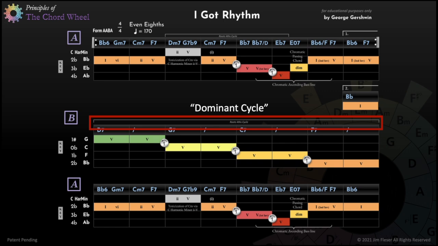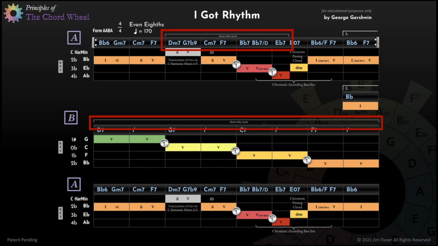But I want to bring up something that's very important. A roots fourth cycle doesn't always have to be a dominant cycle. For example, within this progression, notice there's another fourth cycle highlighted here in I Got Rhythm. But as you notice, it's not a dominant 7th cycle. Look closely, and this time only consider the root note of each of these chords.